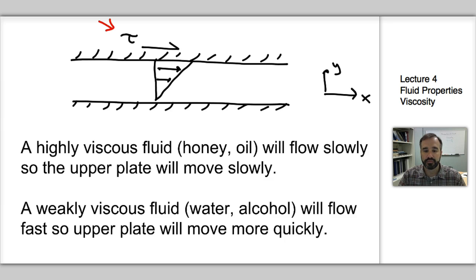In contrast, if the fluid between the plates is water or alcohol, a low viscosity fluid, then the upper plate will move much more quickly, because for a constant shear tau, mu is now lower. To keep tau constant, the du/dy goes up, and then over that small distance of y, we now have a higher velocity once we integrate it.